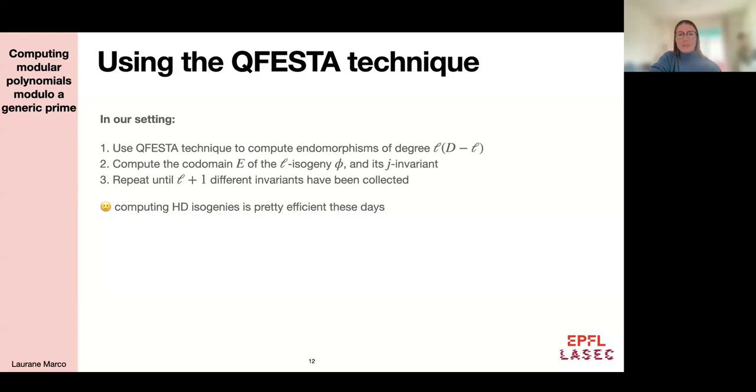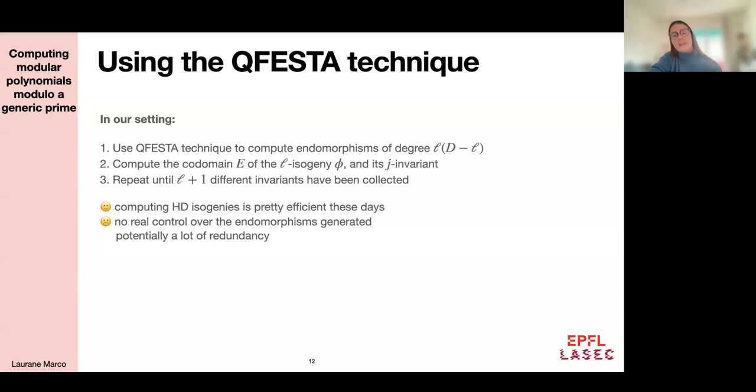So the good thing is that computing high-dimensional isogenies is pretty efficient these days, and I think there's a lot of research going on, and it gets more and more efficient by the day. But the downside is that by doing so, you generate sort of random endomorphisms and you don't really have a lot of control over it. And you potentially have a lot of redundancy until you collect L+1 different J invariants.